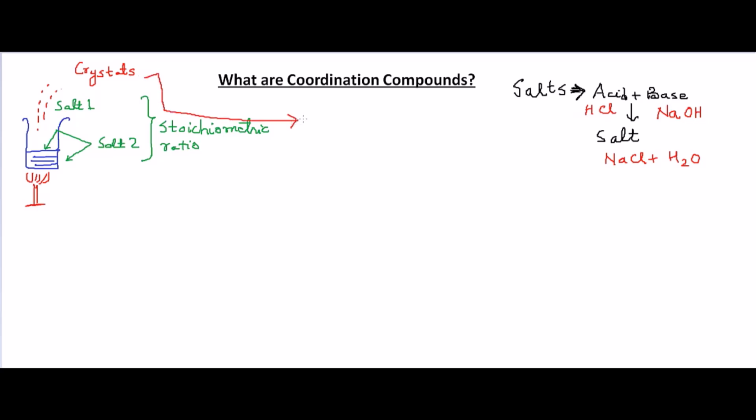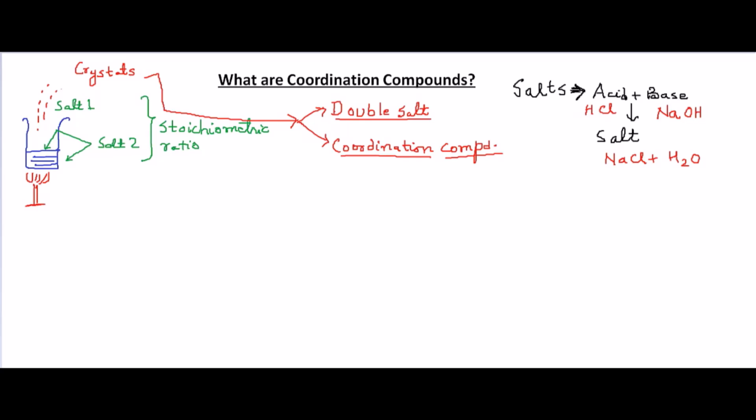What are these two categories? One can be categorized as a double salt, and another kind of compound that may be formed are the coordination compounds. Now we will see the difference between these two, double salts and coordination compounds.